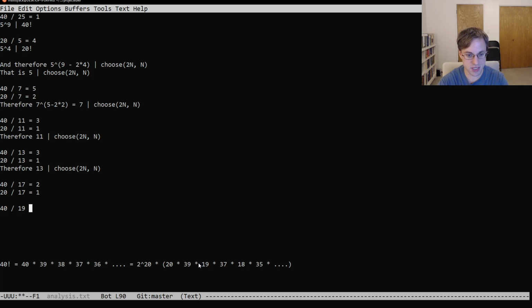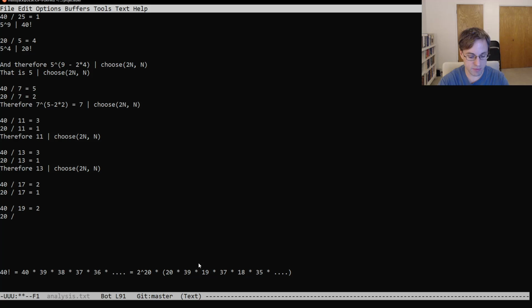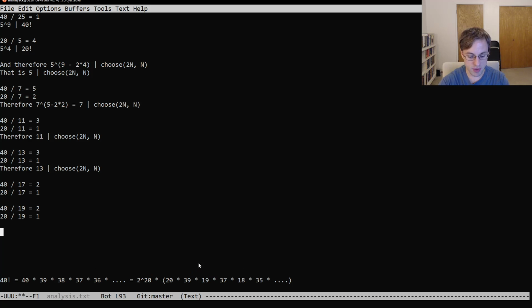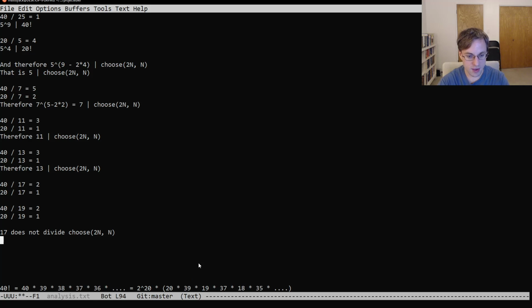So, 40 divided by 19 is equal to 2. 20 divided by 19 is equal to 1. And that's because 2 minus 2 times 1 is equal to 0. And so 17 does not divide choose 2n, comma n, and 19 does not divide choose 2n, comma n.